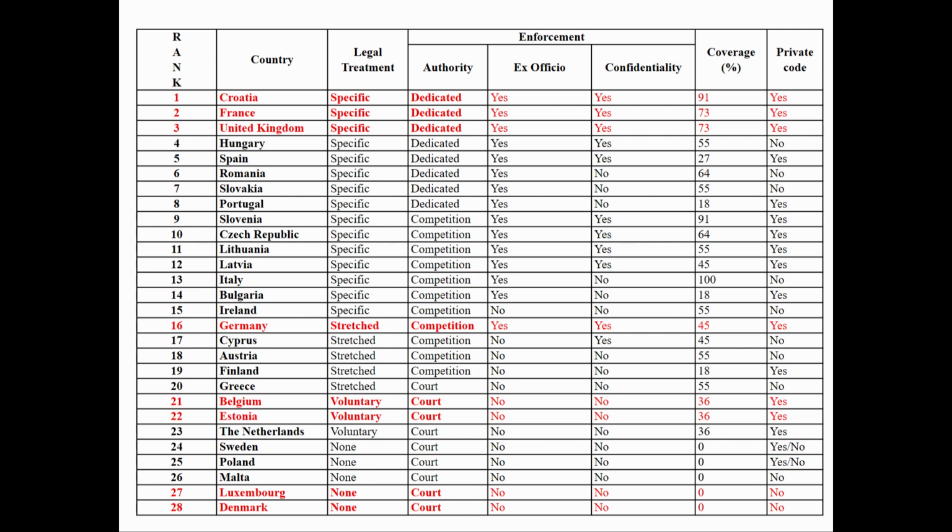For example, Denmark and Luxembourg, there the governments have said, well, we have the legal instruments, such as anti-competitive regulations, contract law, etc., and the institutions that we have should suffice. We're not going to do anything special. In Belgium, for example, number 21, there has been a voluntary system for dispute settlements between farmers and companies in the value chains.